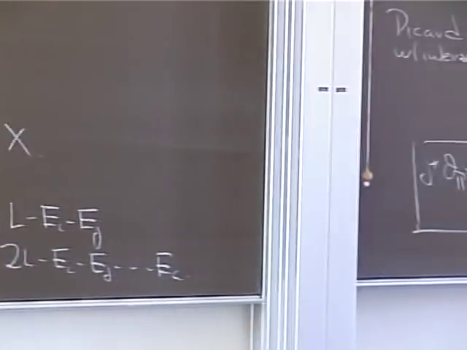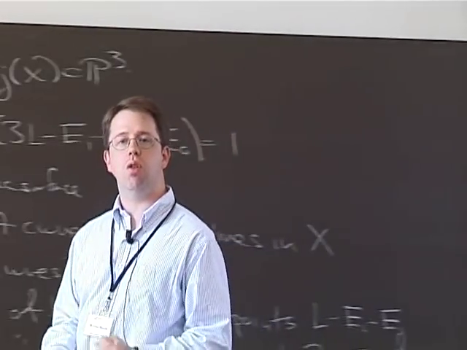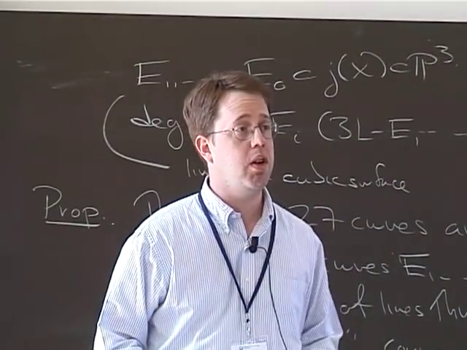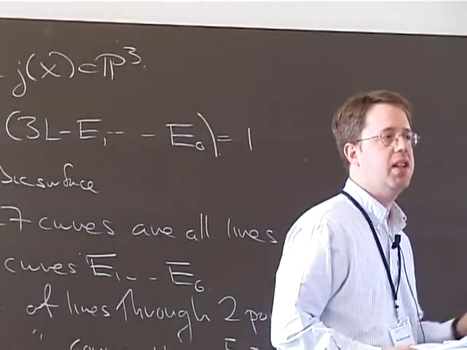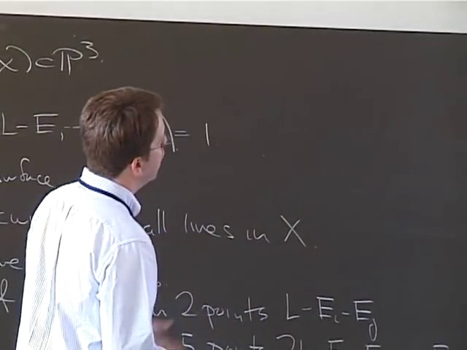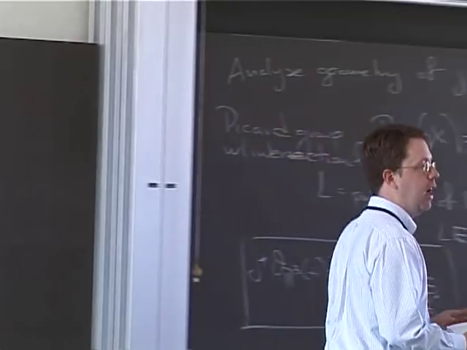So let's just recap what we've done here. Using this blow-up realization or the linear series description of how you realize P2 blown up at 6 points in projective space, we've produced a whole bunch of smooth cubic surfaces with 27 lines.